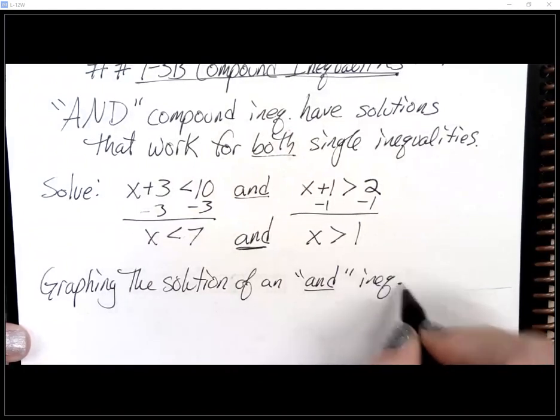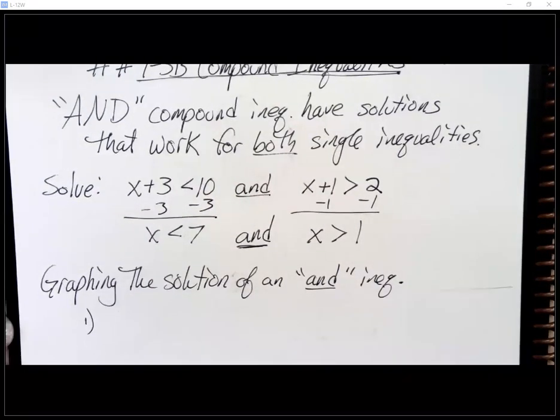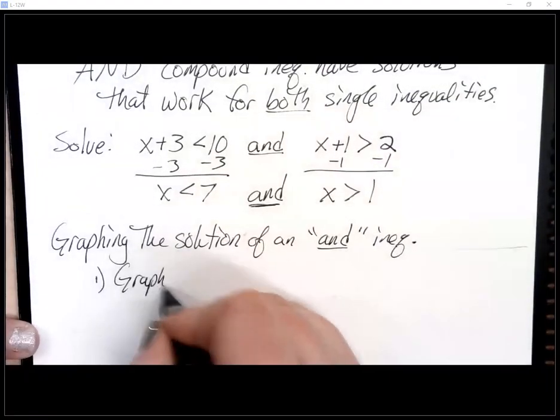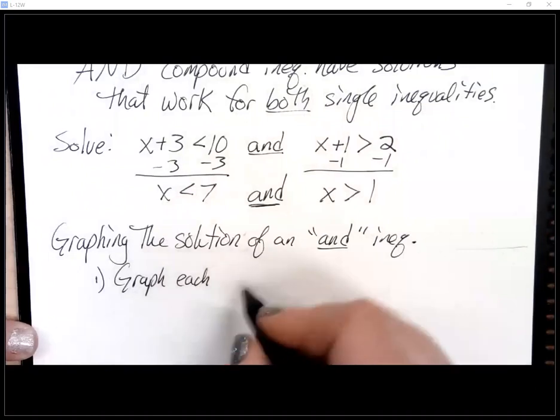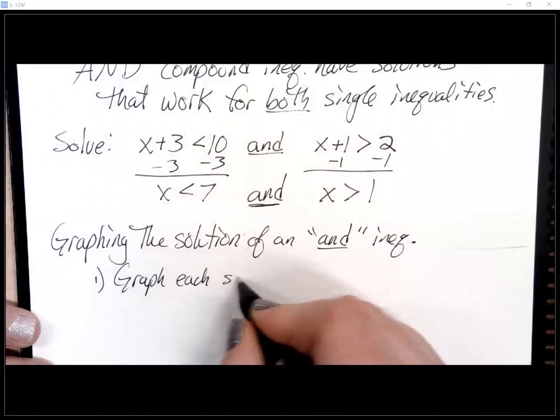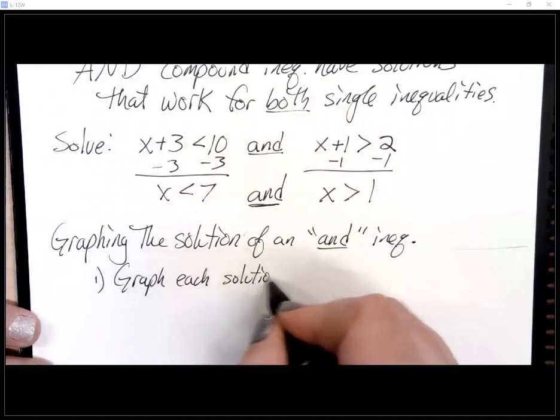First, you're just going to graph each one separately. Sometimes I just do it in my head, but right now I'll show it to you drawn out. Graph each solution separately.